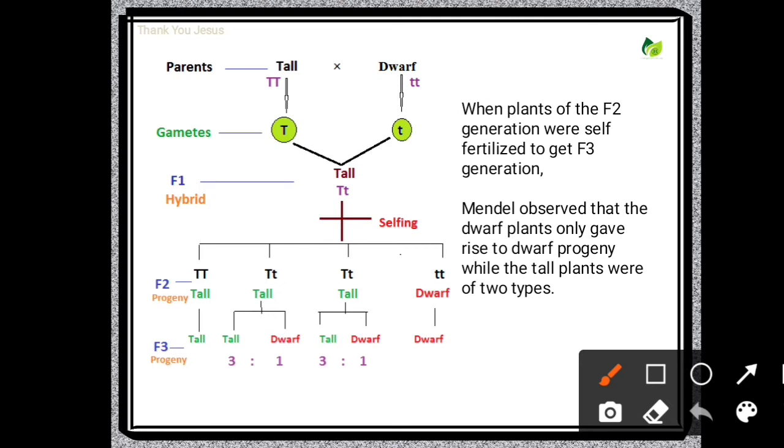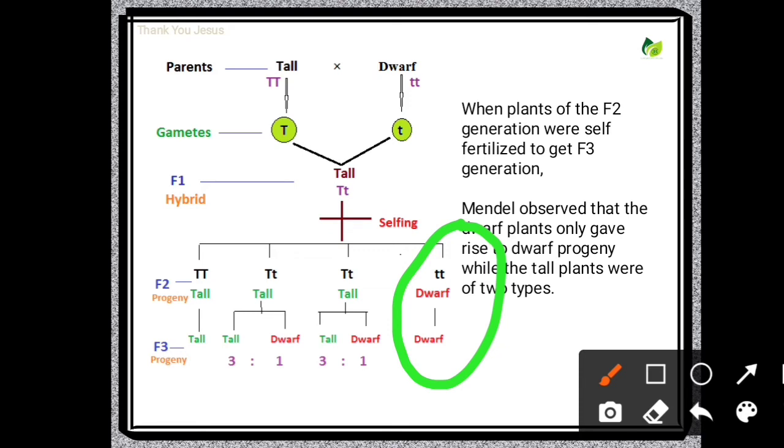When F2 plants were allowed to self-pollinate to get F3 generation, Mendel observed two things. Dwarf plants of F2 generation give rise to dwarf progeny only. Here you can see the results. Dwarf plants of F2 generation only give rise to dwarf plants.